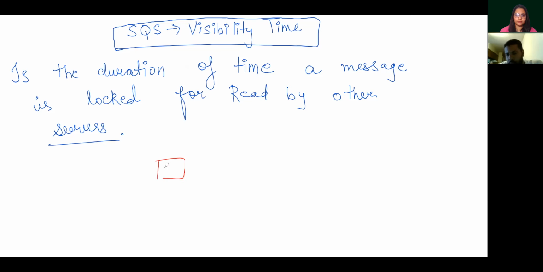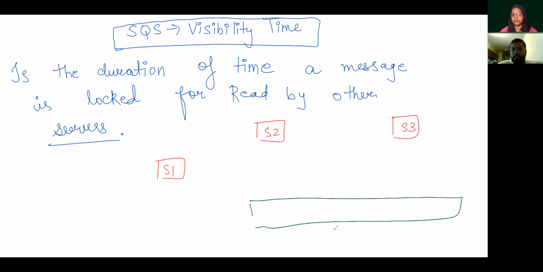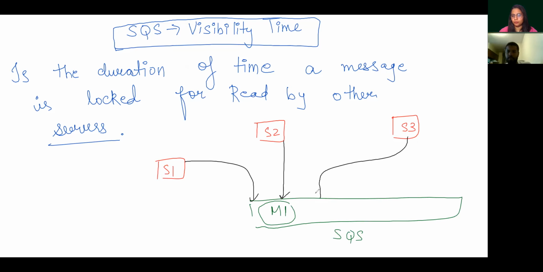Whenever there is server 1, server 2 and server 3, this is the SQS queue they are reading, and in it there is one message. Say all of them are sending requests to this queue, but message 1 was first picked up by server 2.